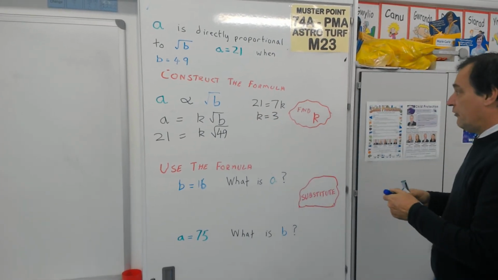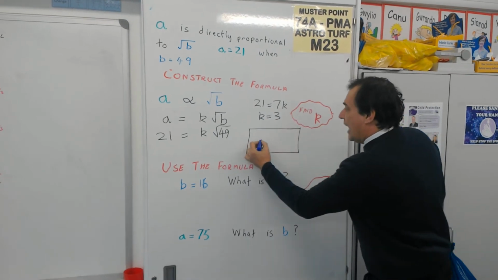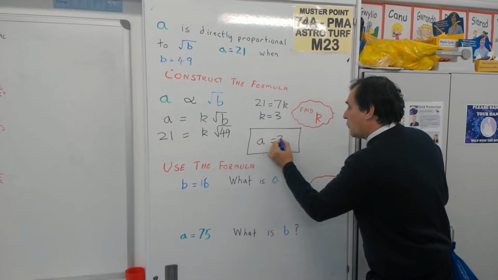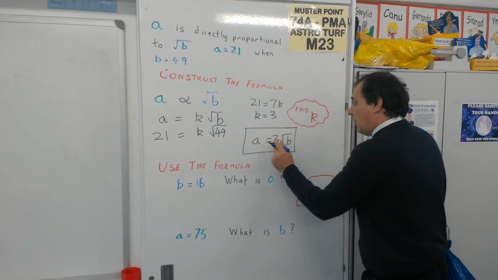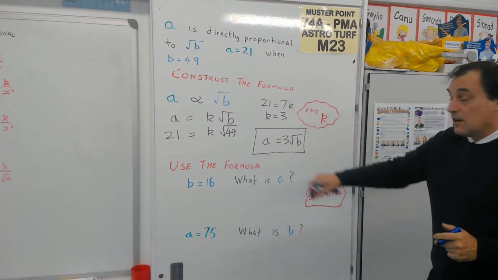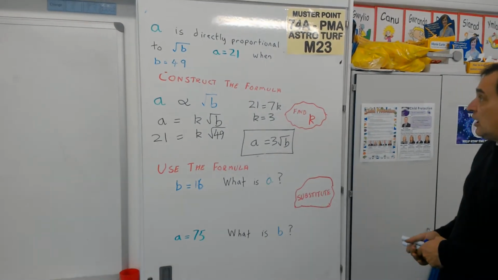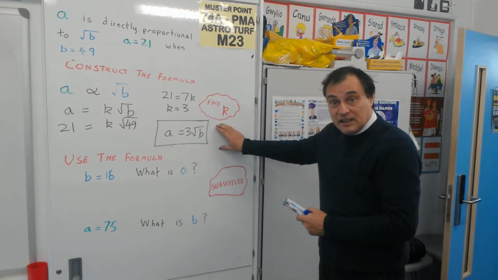So our formula now is going to be A is 3 root B. I substituted my value for k into the formula, and I've restored my A and my B. That's always the first stage, construct the formula, and that bit's been done.